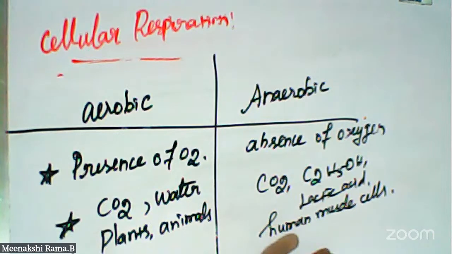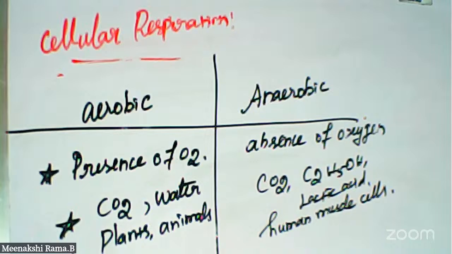Is that clear, students? What is respiration? What are the different kinds of organ systems? The respiratory system is one of the important organ systems in each and every body: human beings, plants and animals. I have explained the basic concept.